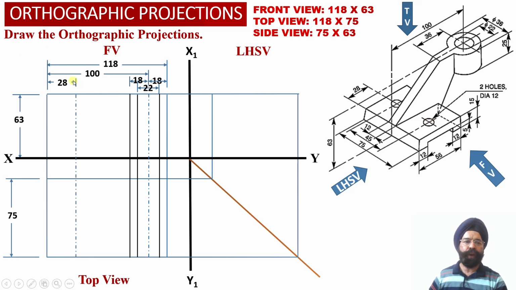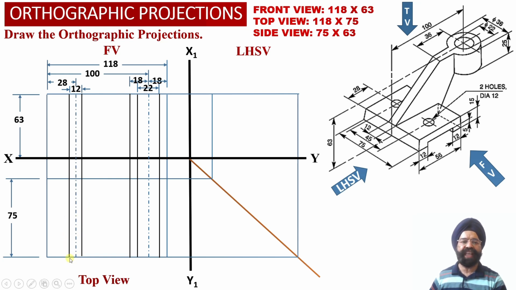So from this center vertical projector line, we take an offset of 6 millimeter on the left side and 6 millimeter on the right side, so that the distance between these two vertical black projector lines in the front view projections becomes equal to 12 millimeter, which defines these two end points of the circular hole. And these two vertical black projector lines have been appropriately transferred into the top view projections as well.